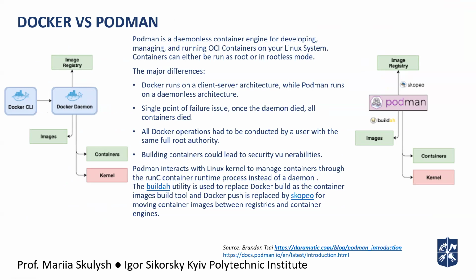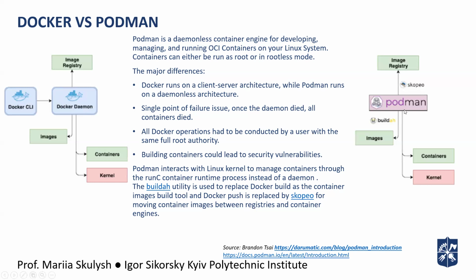In the Podman architecture, we don't have a Docker daemon. Docker has elements like the Docker client and Docker daemon, which communicate with each other. In this one, it's just the Podman server.